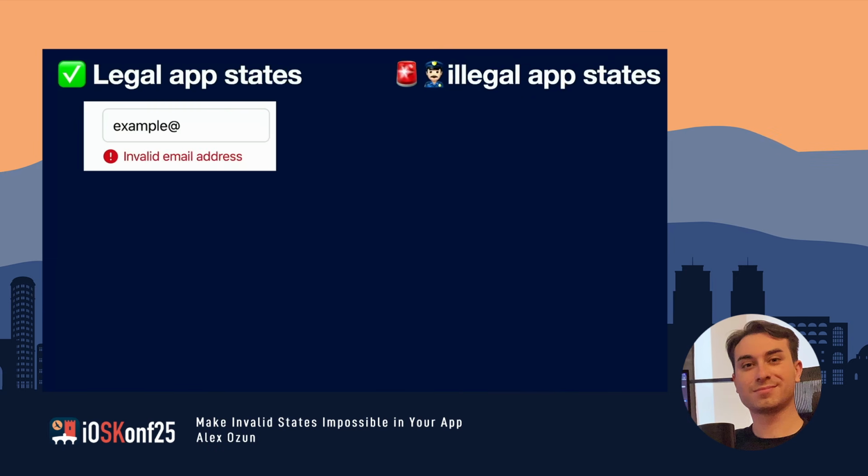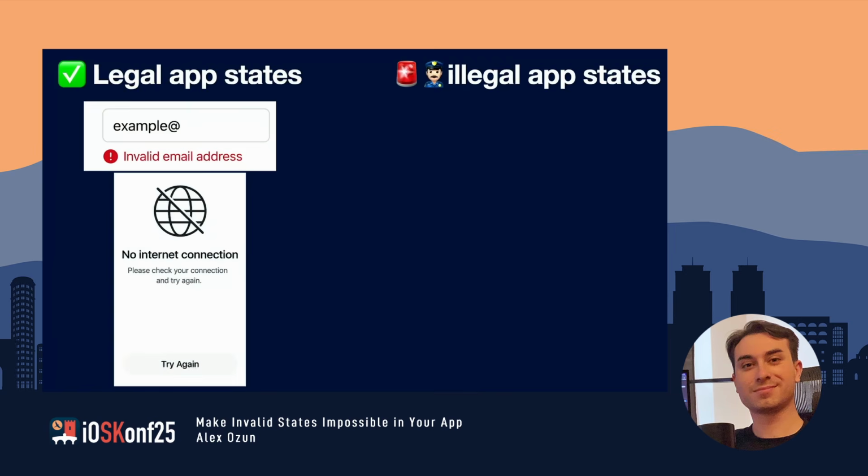Something like an email validation form which says, hey, your email format is incorrect. The email itself might be invalid, but the app state is perfectly legal. We expect this app state. Same goes for any sort of network problems or hardware problems. Anything that is part of our application's life cycle is perfectly legal.